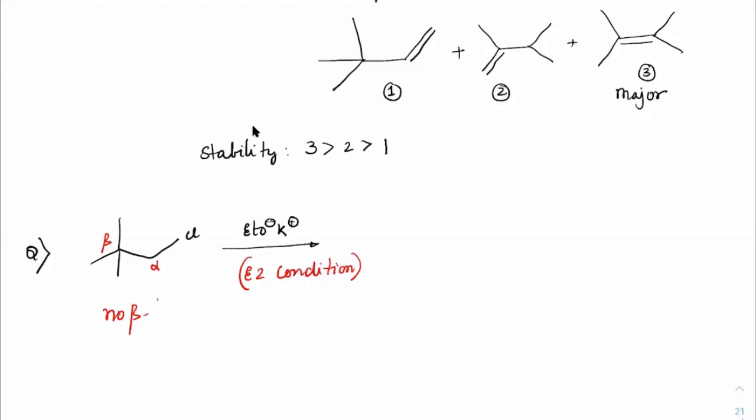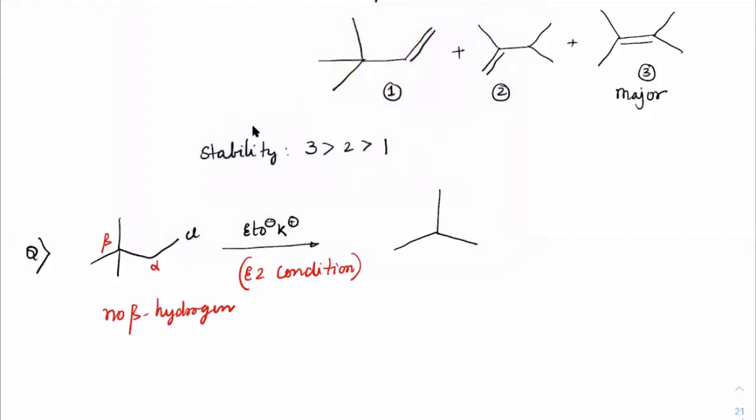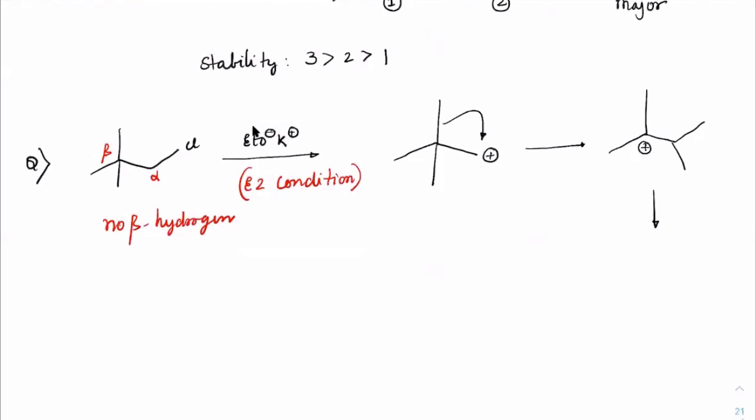No beta hydrogen. So we won't say the reaction is not happening. We would say the reaction is not happening via the E2 mechanism. So since there is no other alternative, it has to go through the E1 mechanism. So how does the mechanism go now? The carbocation will be formed here. Rearrangement will take place this way, giving a carbocation, and then elimination will take place.